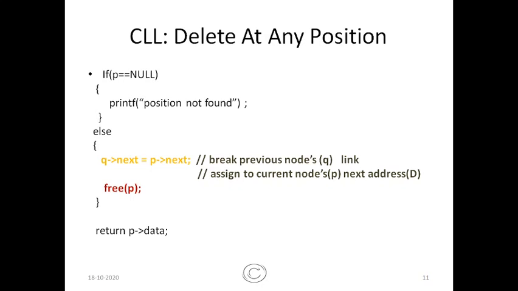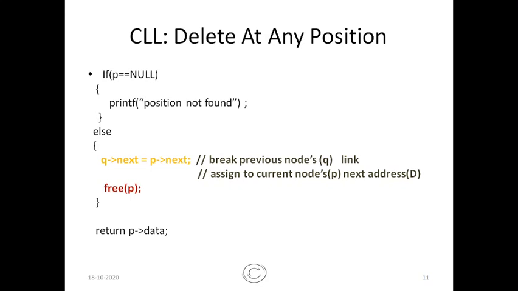Okay, so this is very similar to deletion in a single linked list, but there is one slight difference: you have to check whether the last node is pointing to the head node, so that you know it has reached the last point.